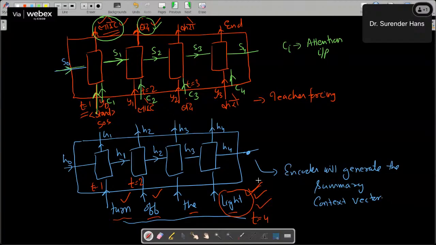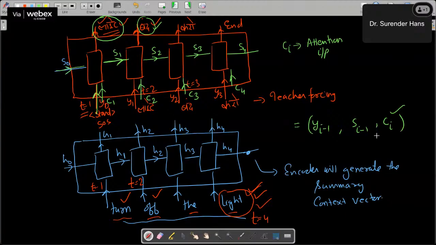So for every time step, the input should be a function of y(i-1), s(i-1), and c(i). Clear? So now the question is, how does this ci look?